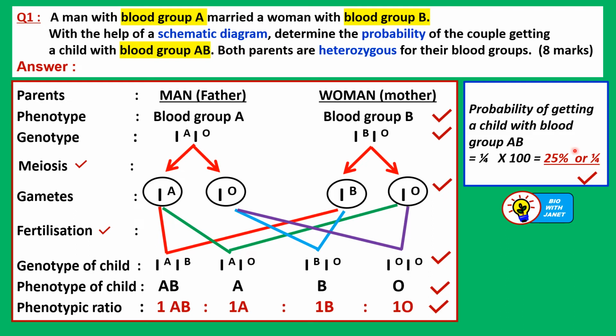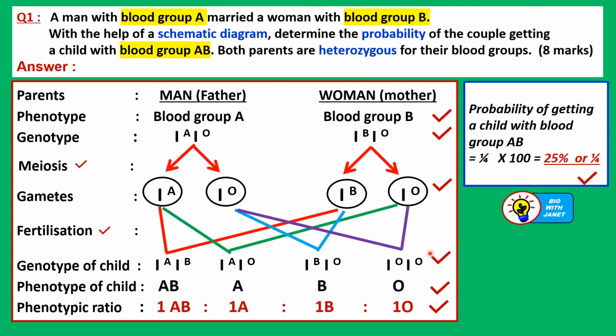All right. So in the marking of this diagram, 1 mark will be given for each horizontal line, each answer. So it's marked horizontally. For example, you will get a tick for phenotype, 1 mark here, a tick for genotype, another tick for gametes. Okay, 3 ticks already.